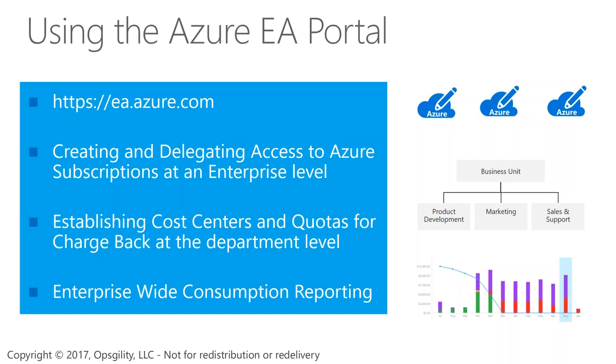And then we can also establish administrators who can manage those subscription resources and can also track their spending because quotas can be established as well within the Azure EA portal. Now the quotas are soft quotas, so they are not going to actually stop spending at a certain level, but it gives a department administrator something to track toward in terms of trying to meet their quota. And of course, we can also roll up all of the usage and costs for all of the subscriptions associated with that enterprise agreement.